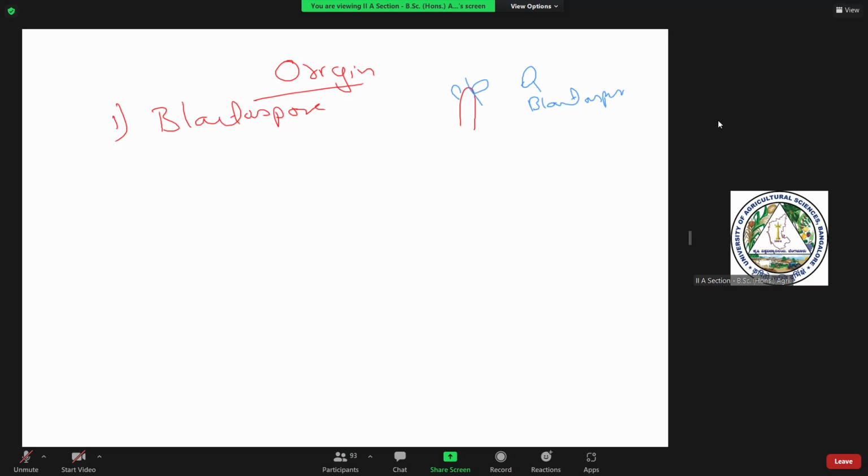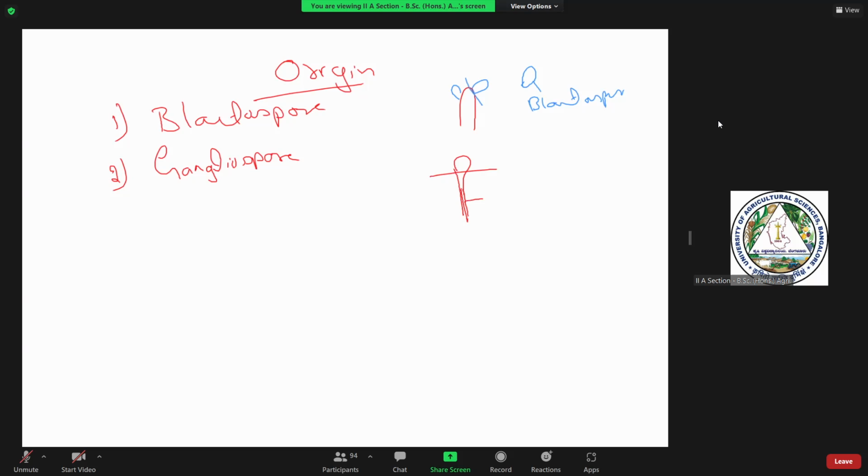And another type which originates is the gangliospore. Here the conidia form from the swollen tips. In some cases, you see the swollen tips of the conidiophore.